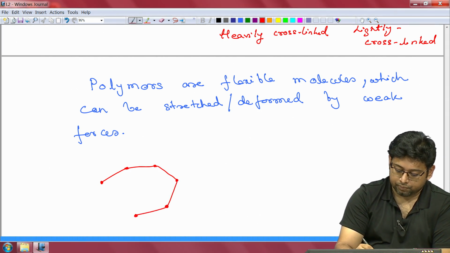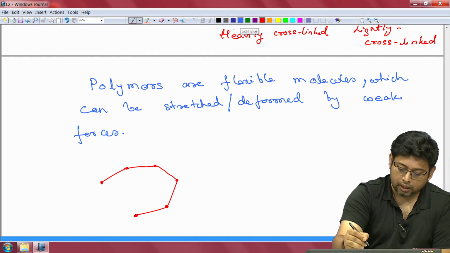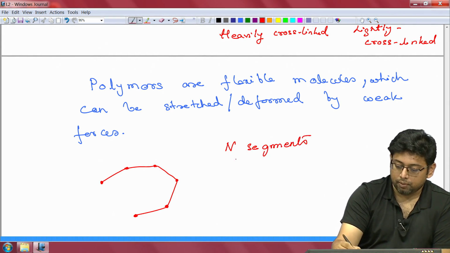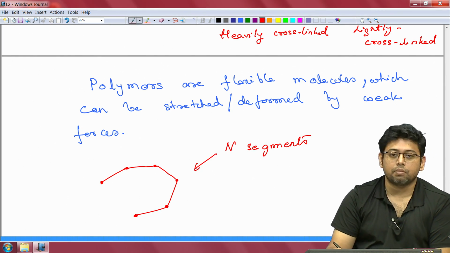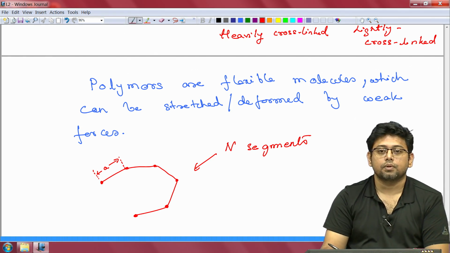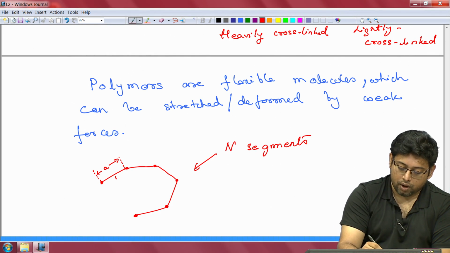So, this polymer molecule that I am drawing is made up of n segments, and each segment, let us say, is of length a. This is your segment 1, this is your segment 2, and so on till you reach the nth segment.